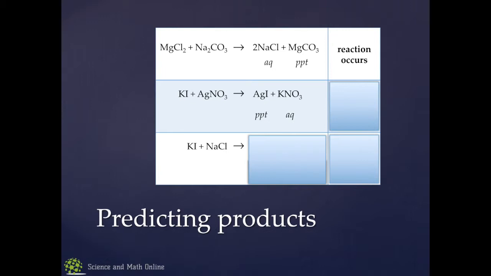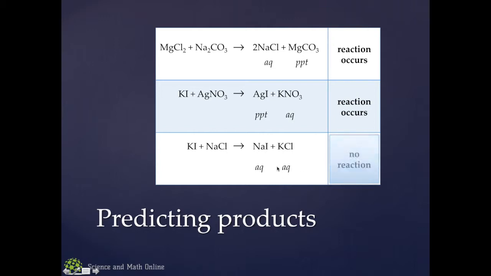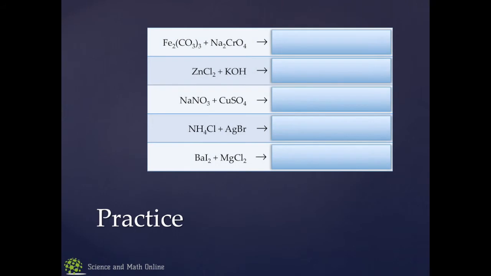So the reaction occurs. But if I do these two together, sodium's always soluble, potassium's always soluble. They're both aqueous, so if neither one of them is a precipitate, there's no reaction.